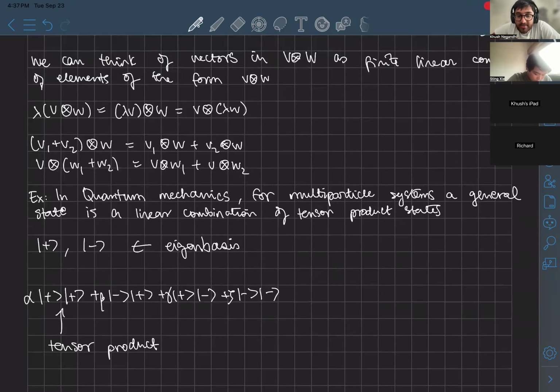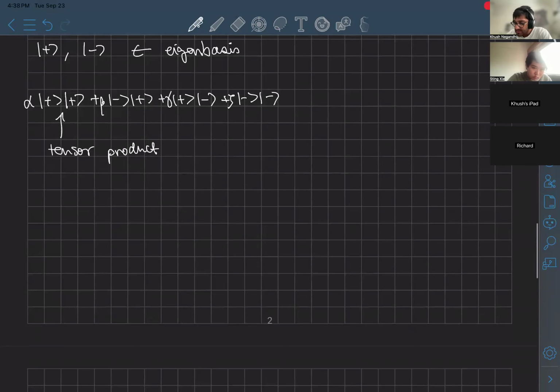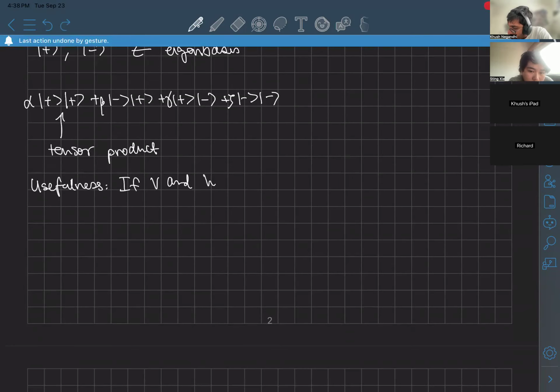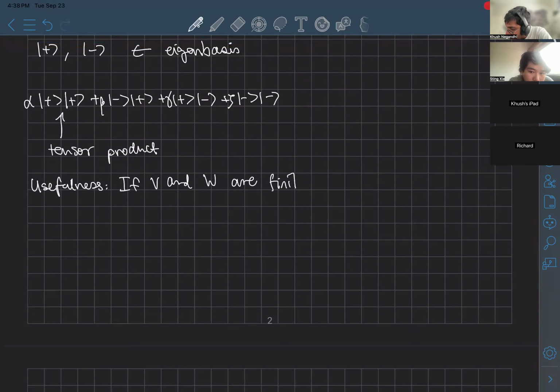So why are tensor products so useful in math? People study tensor products outside physics, but why are they useful? Usefulness. If I have two finite dimensional vector spaces V and W, it turns out that we have a very nice isomorphism.